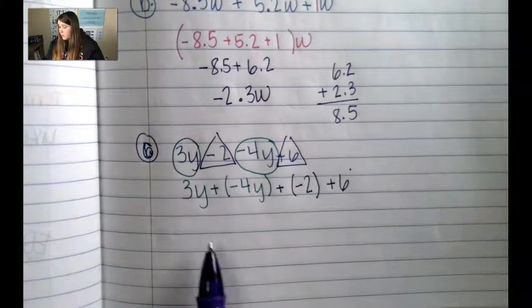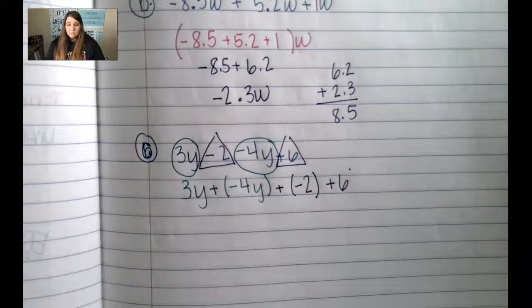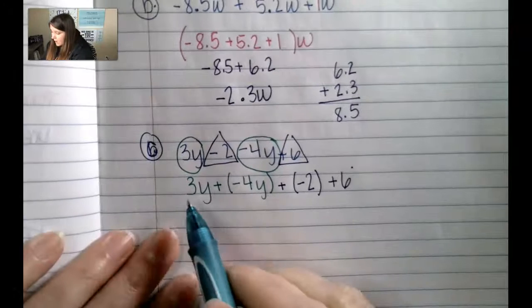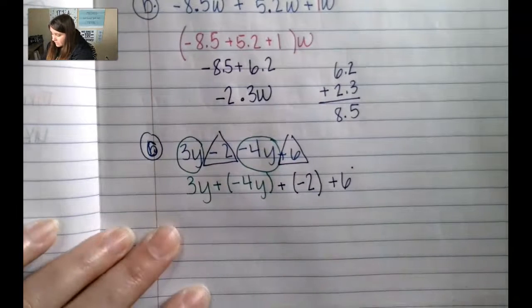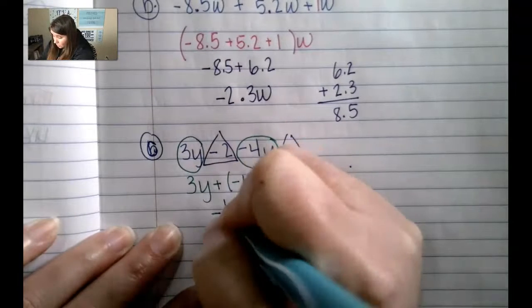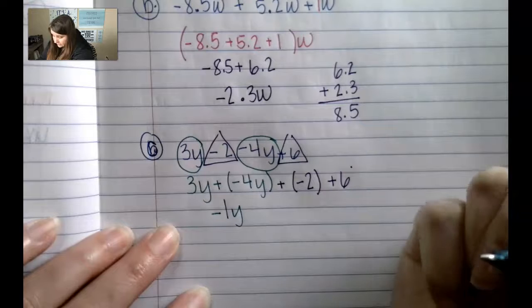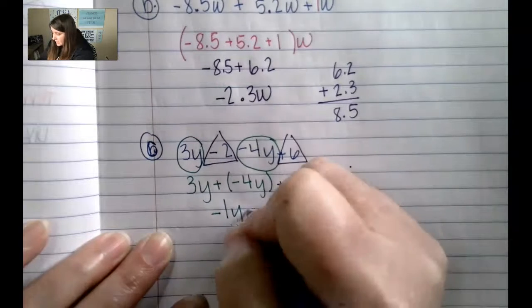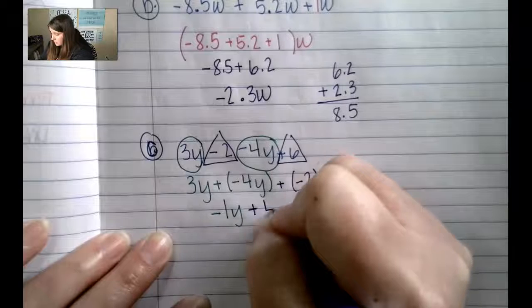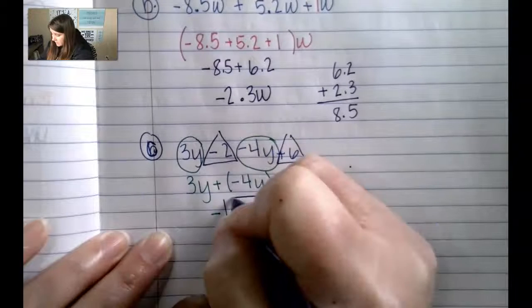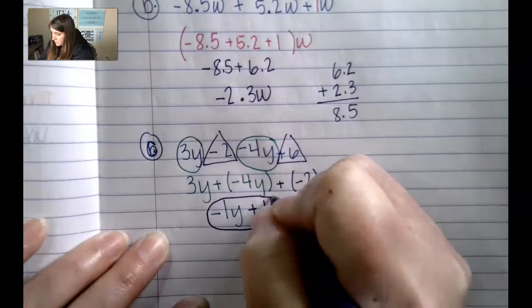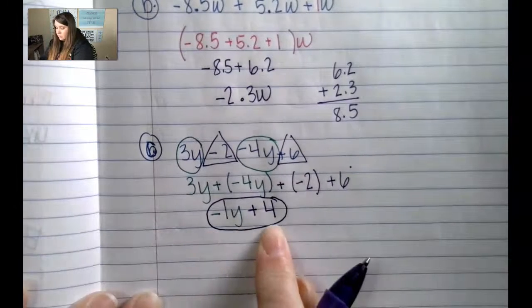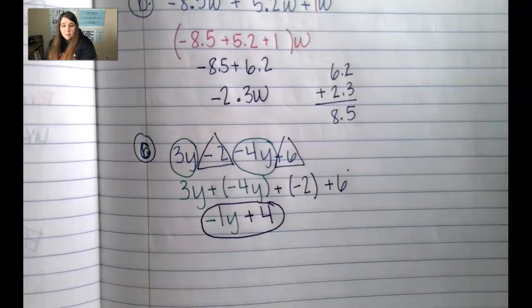Now I'm going to simplify down even further. So I have 3 plus I'm adding negative 4, which means I have negative 1y. And I had negative 2 and I add 6, so I get plus 4. So my final answer is negative 1y plus 4.